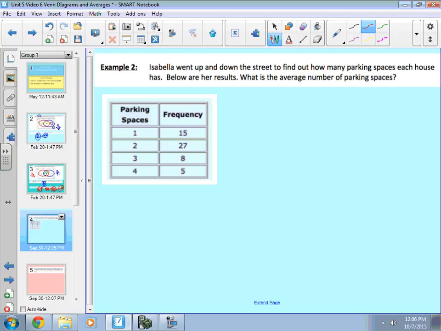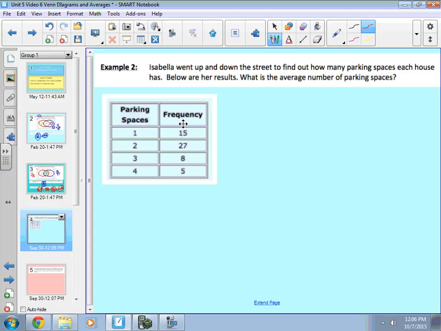Well, this frequency chart shows the number of times each parking spot occurs. So there's 15 times where there's only one parking space. There's 27 times where there's 2 parking spaces, and so on. So what we can find out here is how many total parking spaces there are going to be.